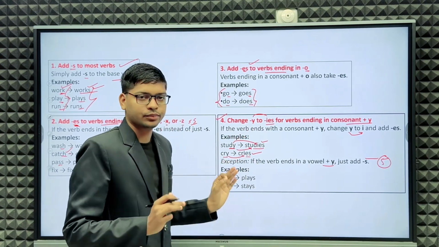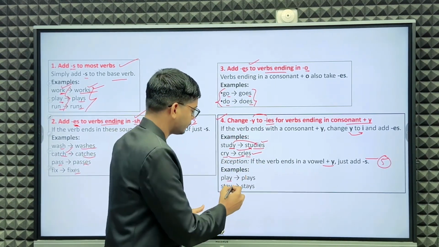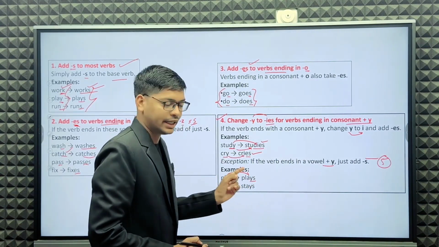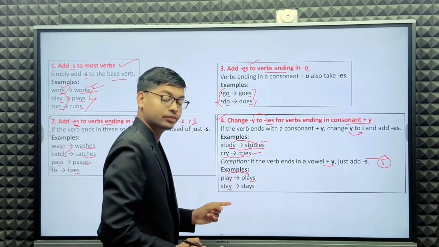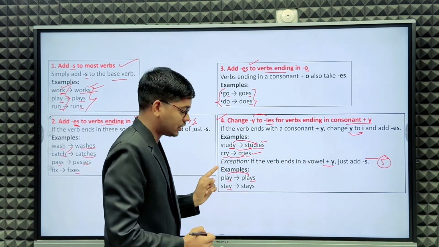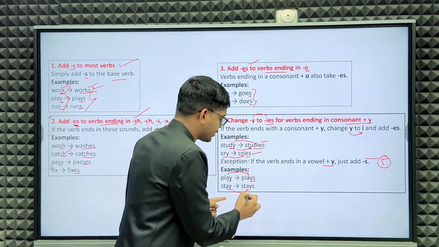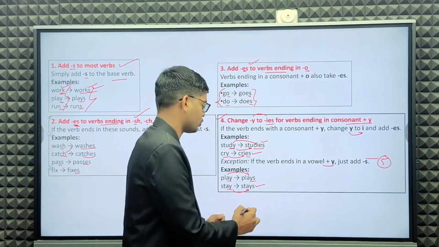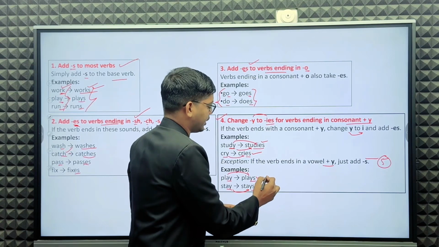This is the next rule, the fifth rule. For example, play ends with vowel a plus y. If the verb ends in a vowel plus y, we just add s, so play becomes plays. Stay ends with vowel a plus y, so it becomes stays.